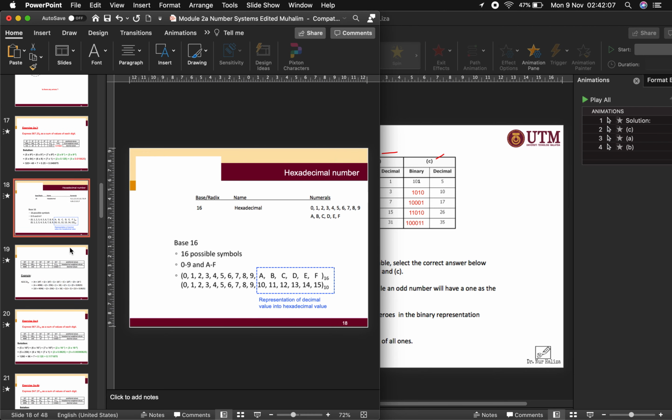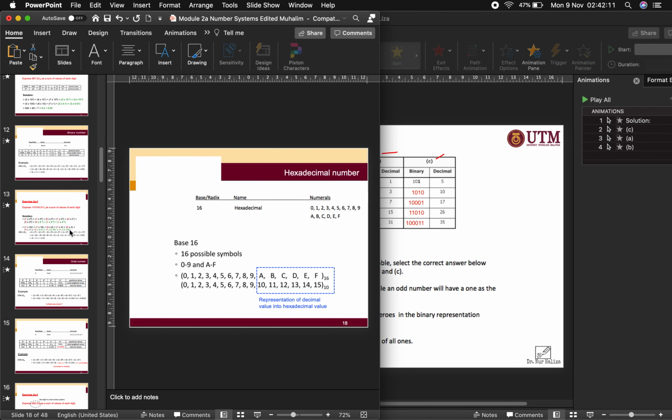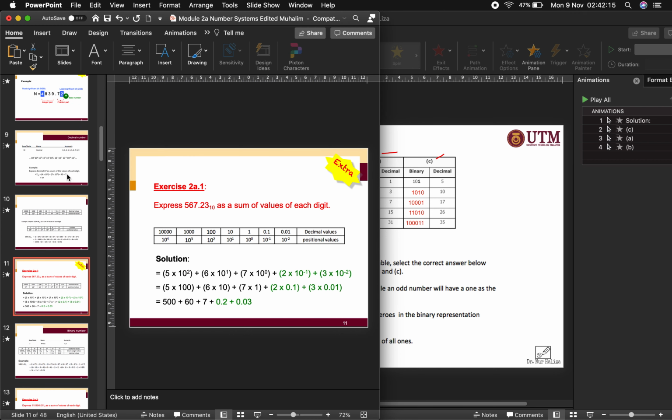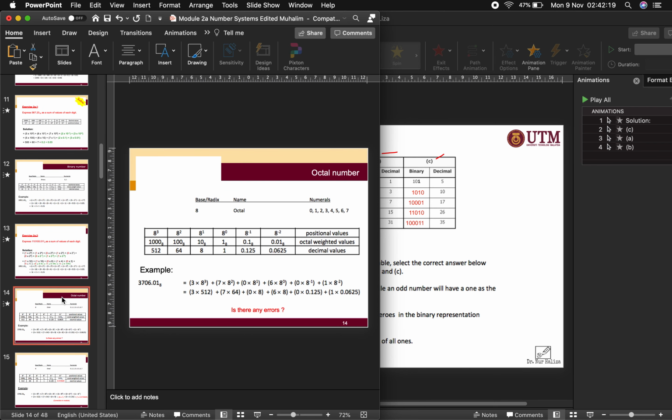We can have a look into our slide over here. Oh, before I forget, let's take a look at our octal numbering. So we have decimal, we have binary, we need to have the octal.